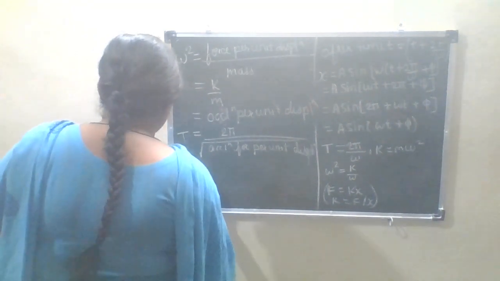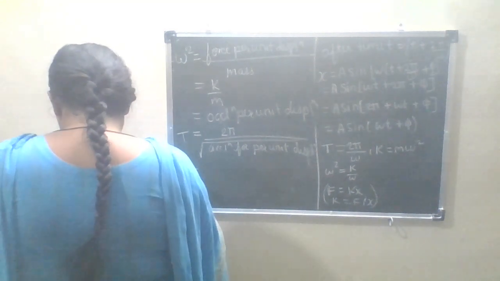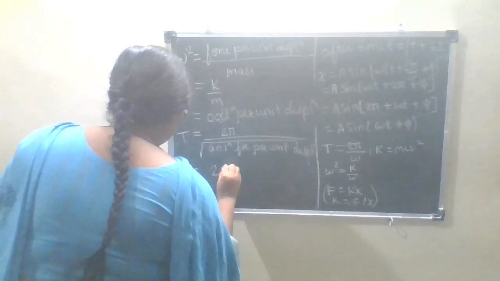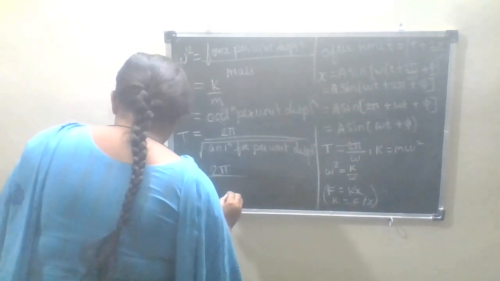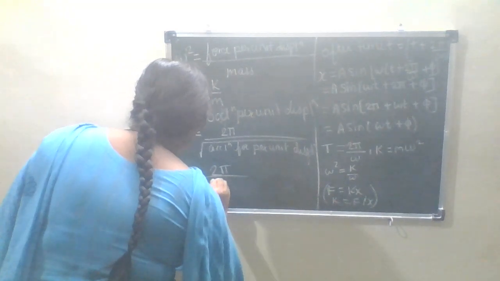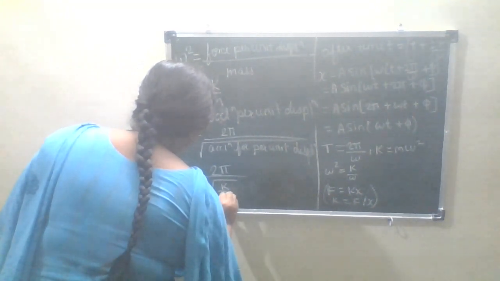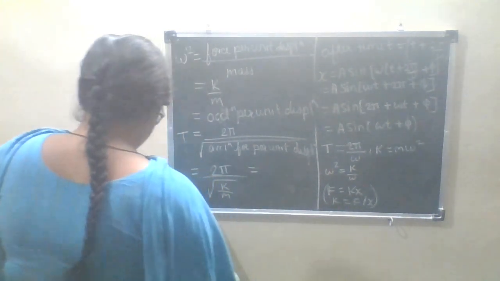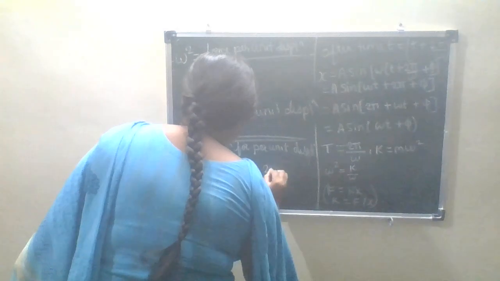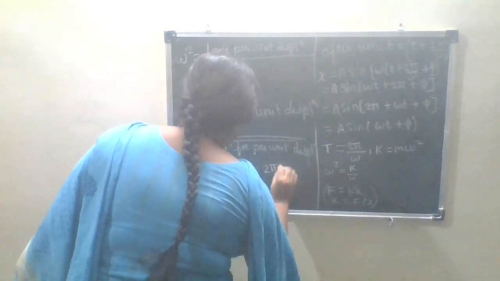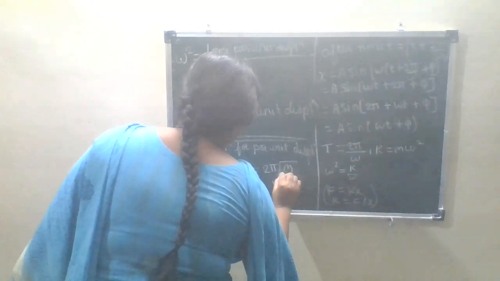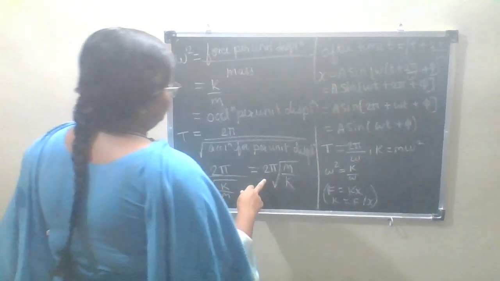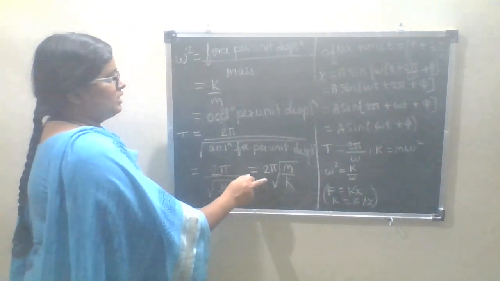Then further, which is equal to 2 pi upon under root k upon m. Now this is equal to 2 pi upon, this becomes inverse, m will be in the numerator and k the denominator. So this is the value of the period of the SHM.